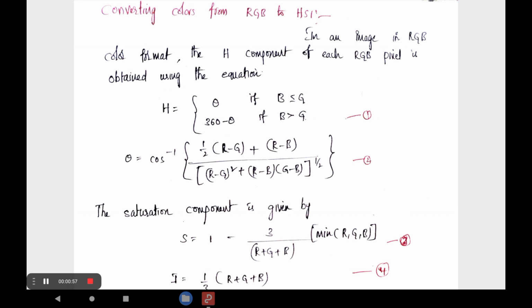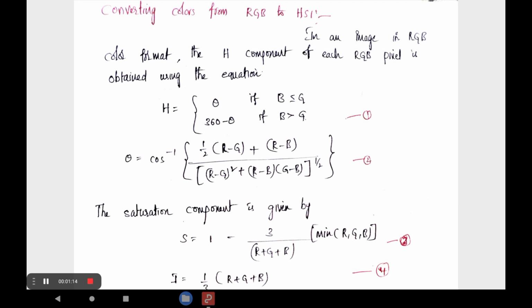Now it is time to convert RGB values into HSI space. HSI means hue, saturation, intensity. Hue describes the pure color.